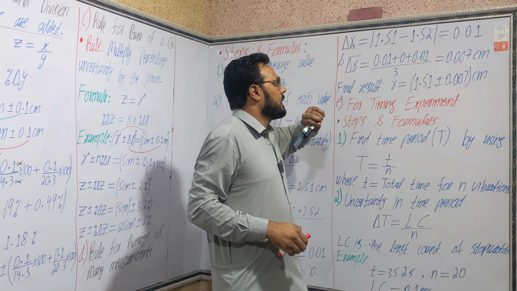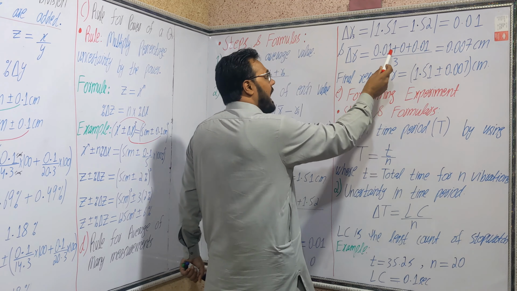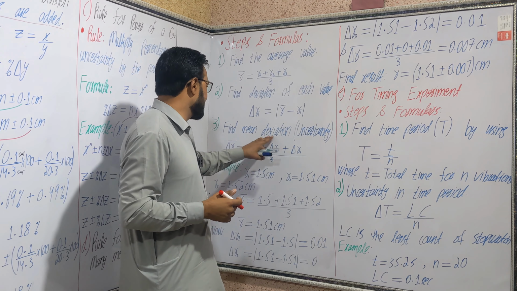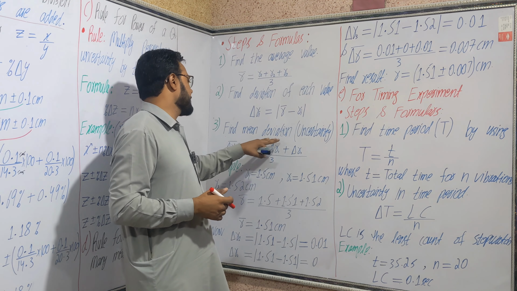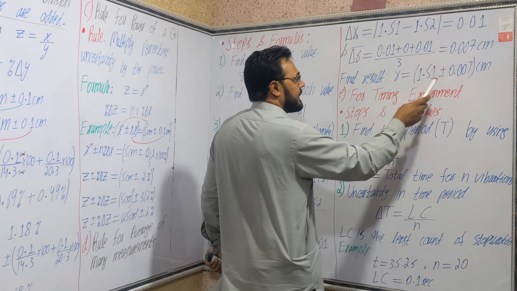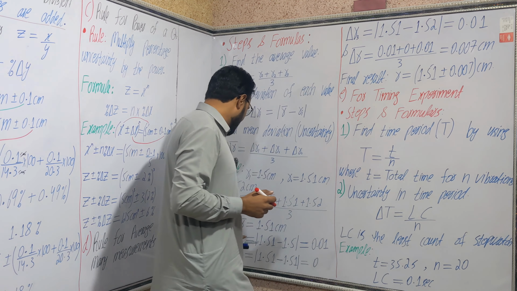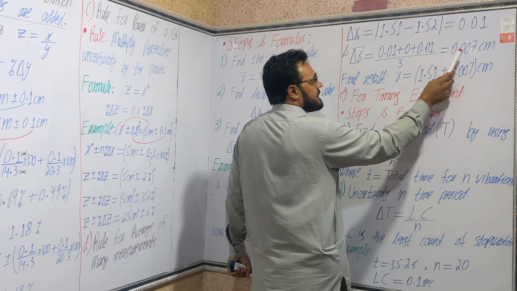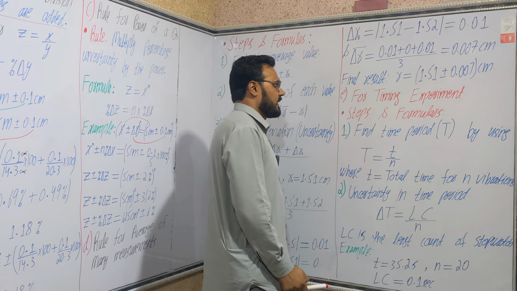So we will get the deviation in R, which is also known as uncertainty. It's the average deviation or mean deviation. So the final result: R is equal to the average value 1.51 plus minus the uncertainty, 0.007 centimeter.